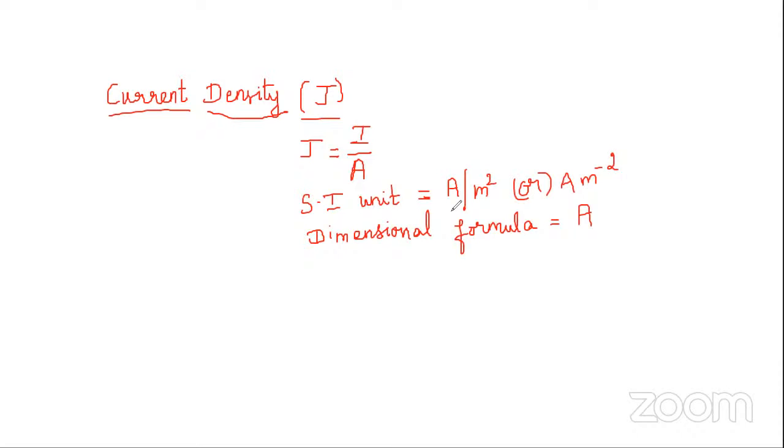So L, J square equal to, yes, tell me. For current, it is ampere. Okay, student, you should not confuse.